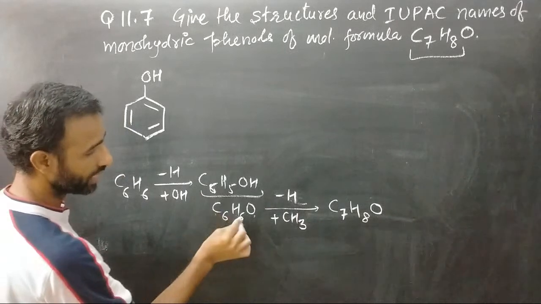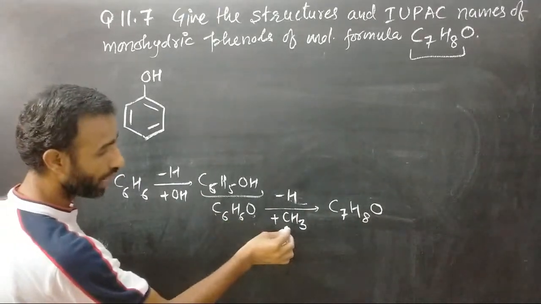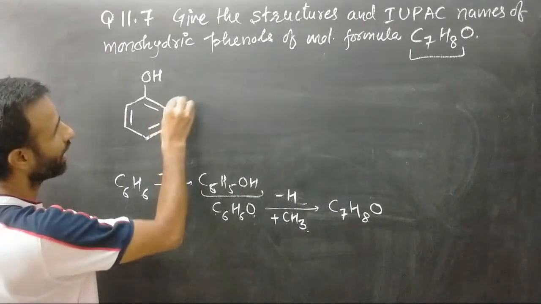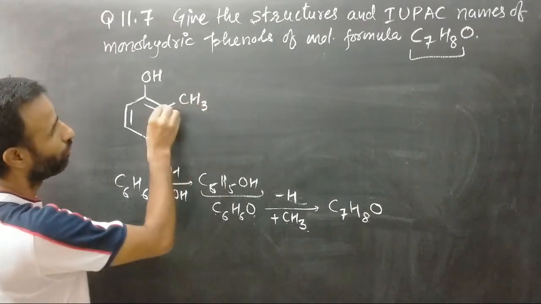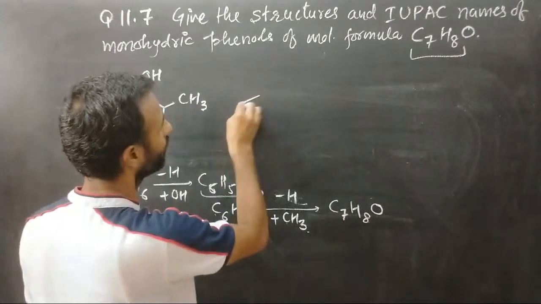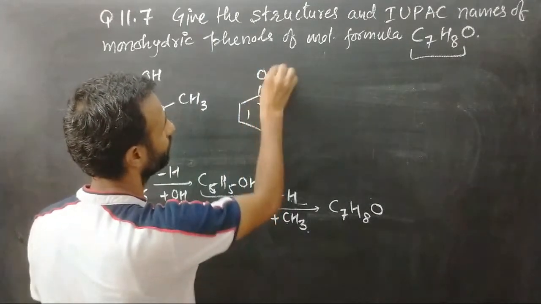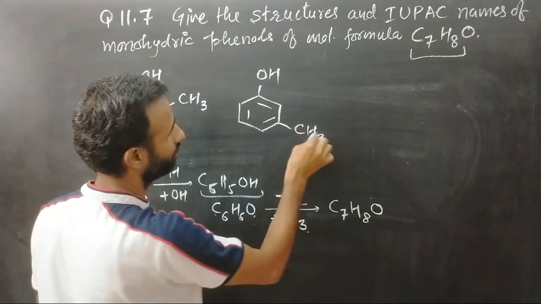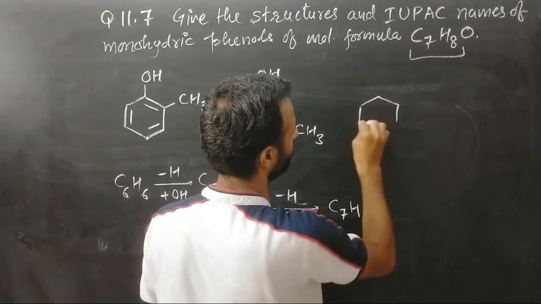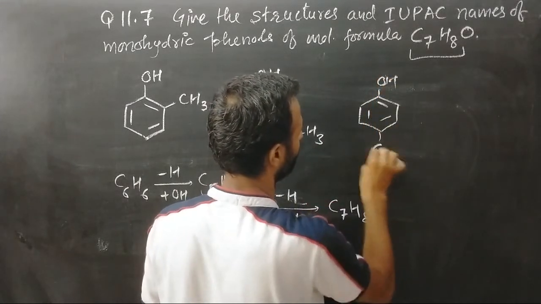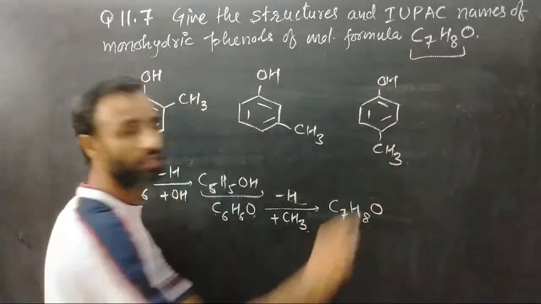So we have to add CH3 to get this. So CH3 may be at position 2 or at position 3 or at position 4. So these are the structures.